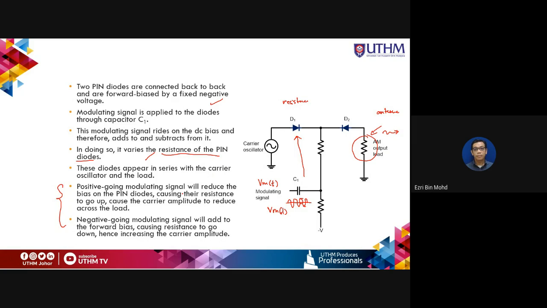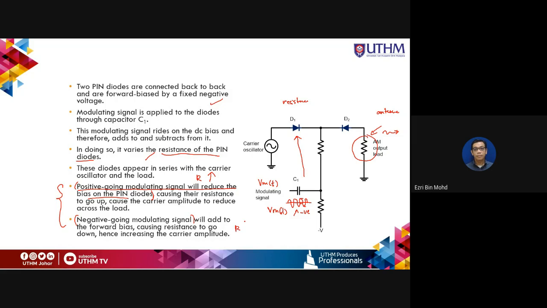So positive modulating signal will reduce bias. Okay, the key point here, positive modulating signal will reduce the bias on the pin diode, causing their resistance R to increase. This causes the carrier amplitude to reduce across the load, and the negative side of VM will add to the forward bias, causing resistance to go down.